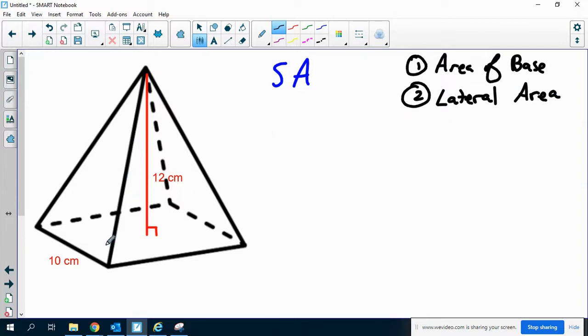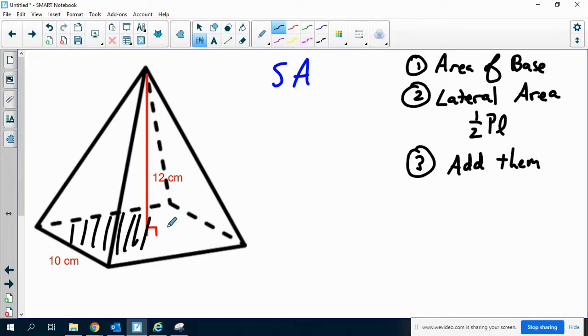In this case, it would be finding a bunch of triangles, 1/2 perimeter of the base times the slant height. And then three, add them up. Now notice in this problem, there's only one base, so we do not have to multiply by 2 like we did in pyramids and cylinders, because this only has one base.